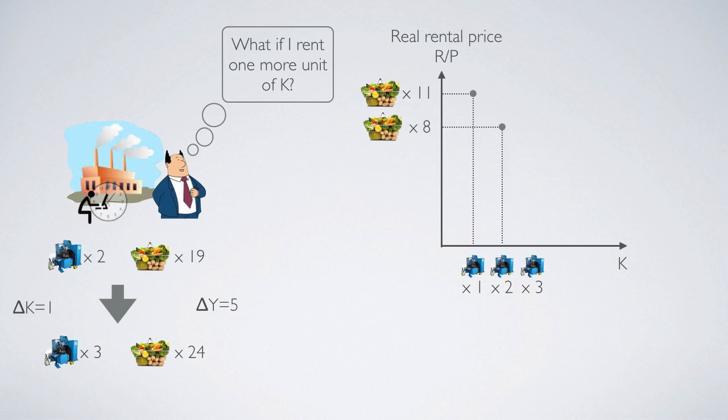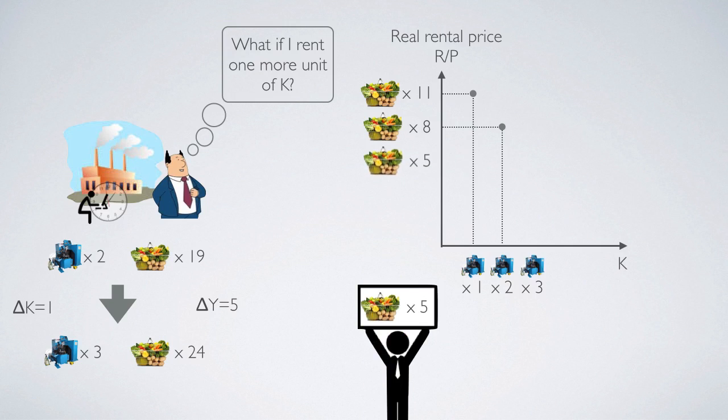Because the firm definitely does not want to lose money, his maximum willingness to pay for the third unit of machine should not be larger than 5 units of output. So 5 units of output is the firm's maximum willingness to pay to hire the third unit of machine. Therefore, we are able to trace the third point for the machine demand under the real rental price of 5 units of basket.